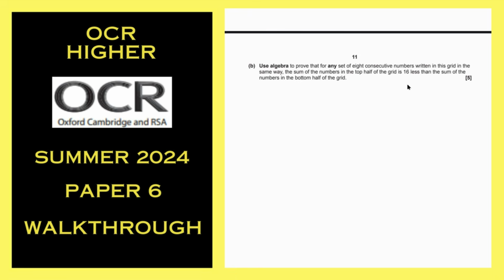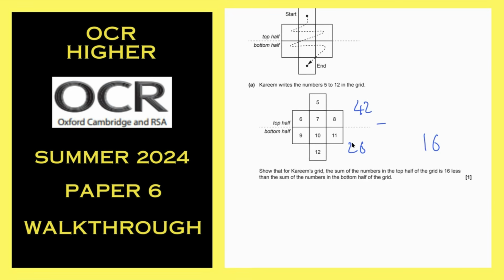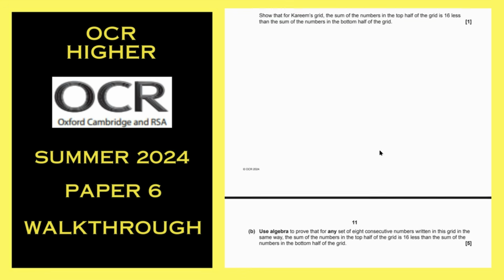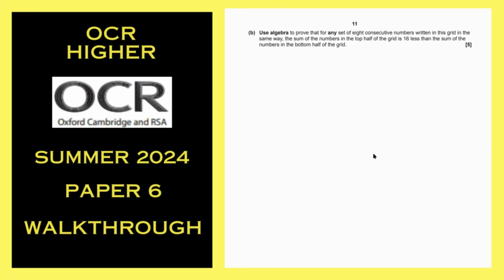Use algebra to prove that for any set. So the idea is, call that x. This will be x plus 1, x plus 2, x plus 3, x plus 4, plus 5, plus 6, plus 7. And yep, you've got to do it all. I did it this way. The top will be the x plus 1, the x plus 2, and the x plus 3 simplifies to 4x plus 6.